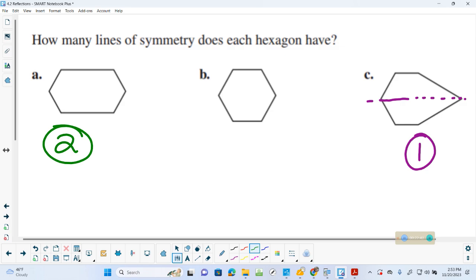Okay, all right. What do you think about B? There are 6. 6 on this one. Anybody need me to draw them? Okay, because of course you can go straight up and down, straight through the middle. That's pretty common, and then kind of through the sides there halfway. You got it. That is wild.